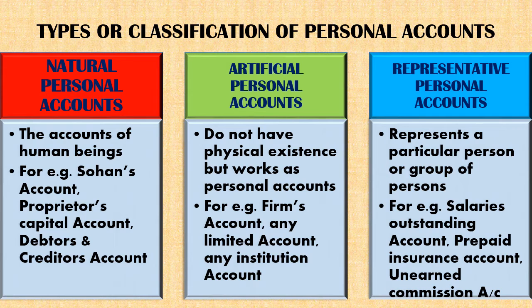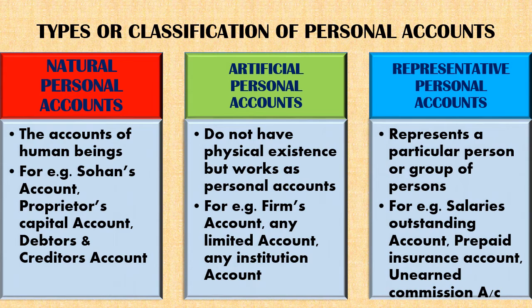So here the personal account can be natural, like human beings whom we can see and with whom we can talk, or it can be an artificial personal account like an institution, firm, or college, or it can be a representative personal account.